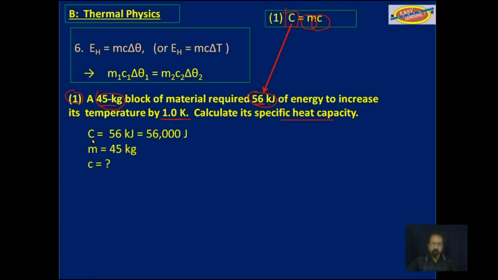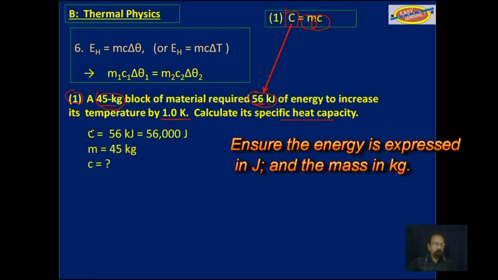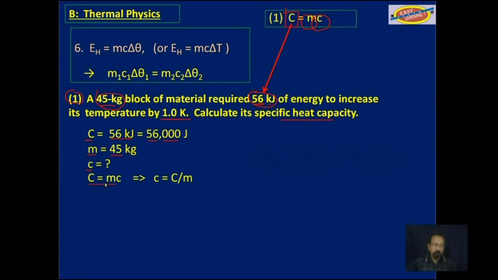All right, so let's write what we are given. We know the heat capacity is 56 kilojoules, which is 56,000 joules. We know that its mass is 45 kilograms, and we want to find its specific heat capacity. The formula we have is uppercase C is equal to m times lowercase c. So heat capacity is equal to mass times specific heat capacity.